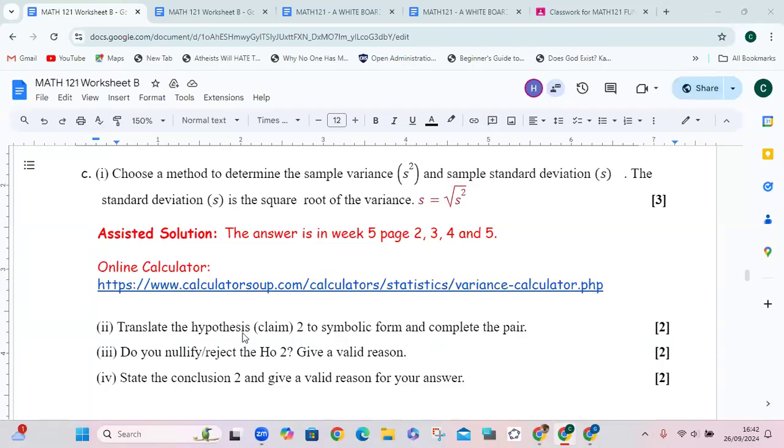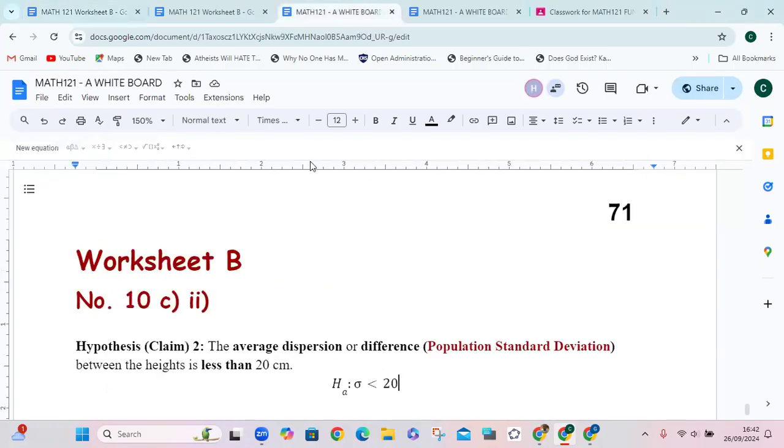Now, part 2 continues by saying to complete the pair. Remember, two persons are debating. One is called the null, one is called the alternative. So we have just outlined the alternative, and the null comes on top of the alternative, and the null always carries the equal sign.